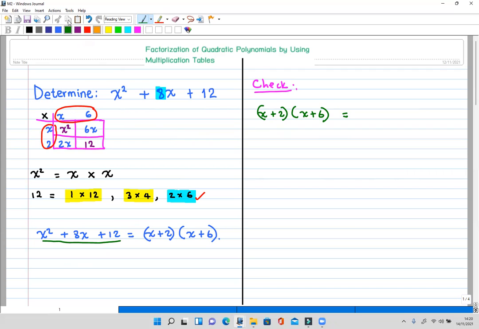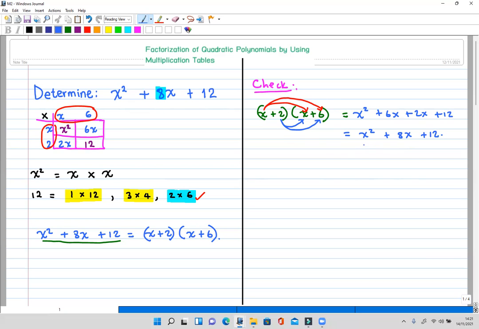Let's go ahead: x times x will be x squared, then x times 6 will be 6x, then 2 times x will be 2x, and 2 times 6 will be 12. So we have x squared plus 6x plus 2x, that will be 8x plus 12.